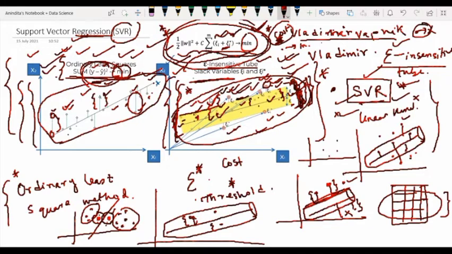Now in the interview, if anyone asks you the question on this right hand side diagram, which one is vector and which one is support vector and why? Can anyone answer this one? In the right hand side, which one is vector and which one is support vector?